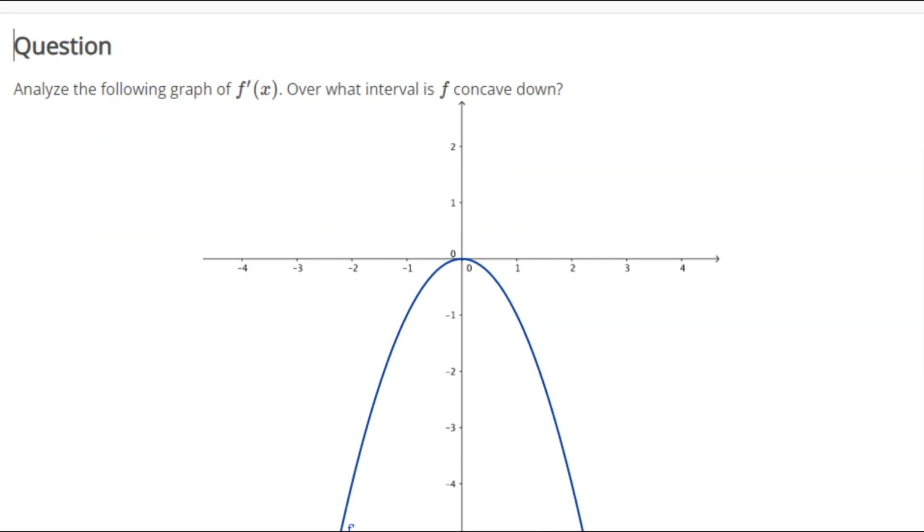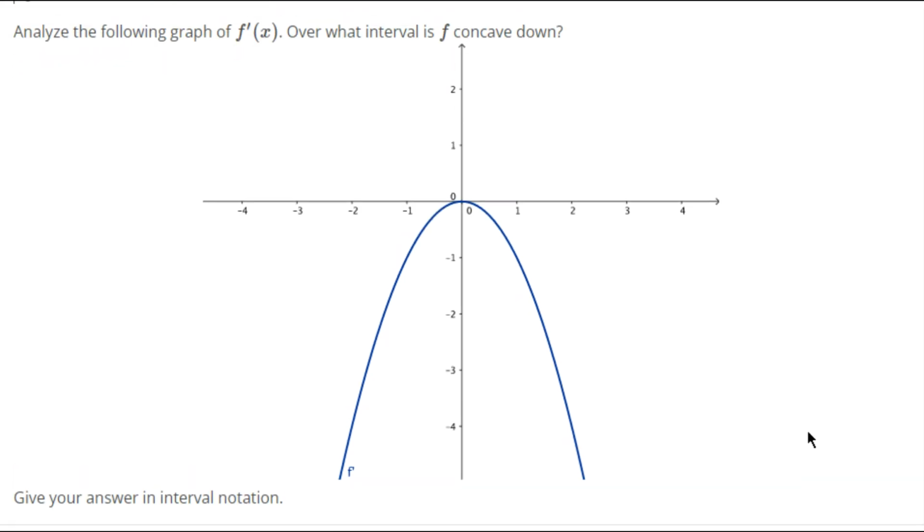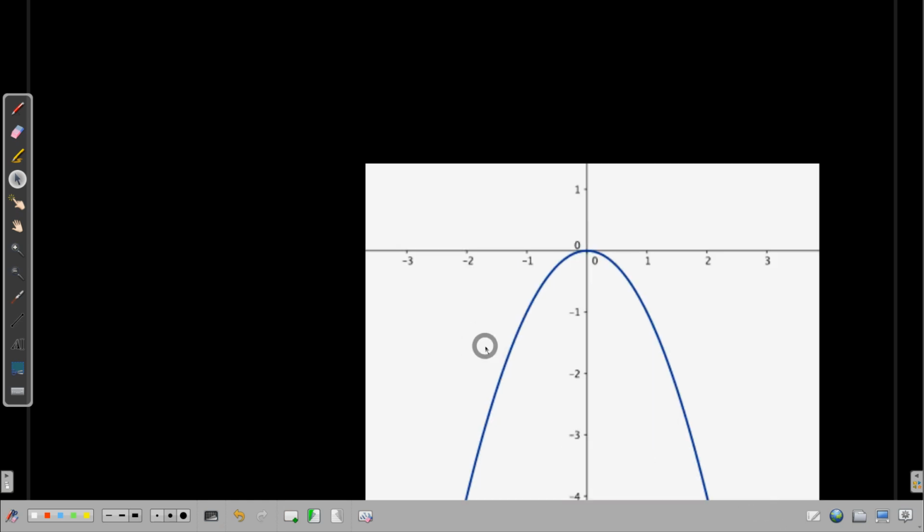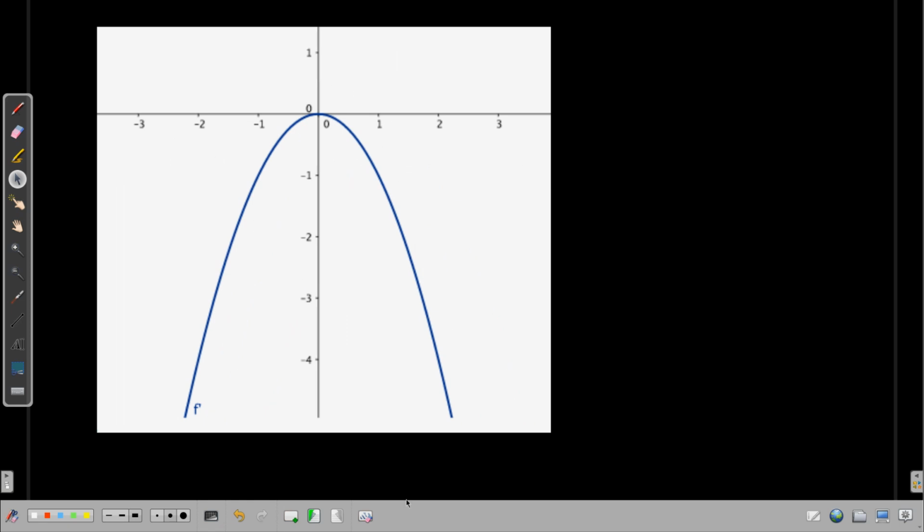Here we have a graph of f prime, and they want to know over what intervals f is concave down. Okay, let's get a picture of this on my sketch pad. This is f prime.